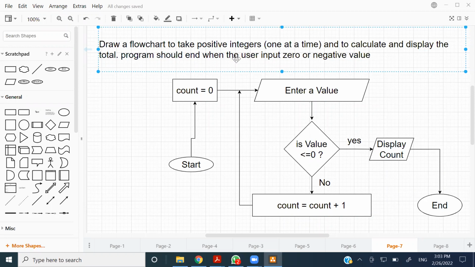Yes, that is correct. Is there anyone who is still copying from the screen?